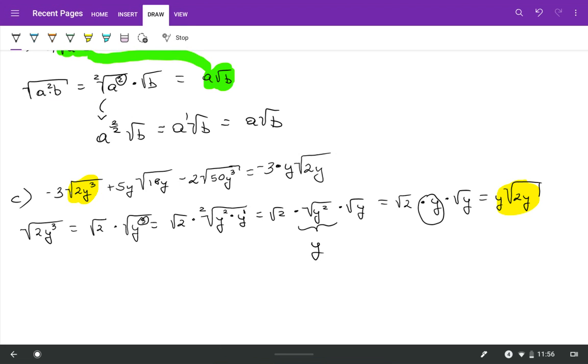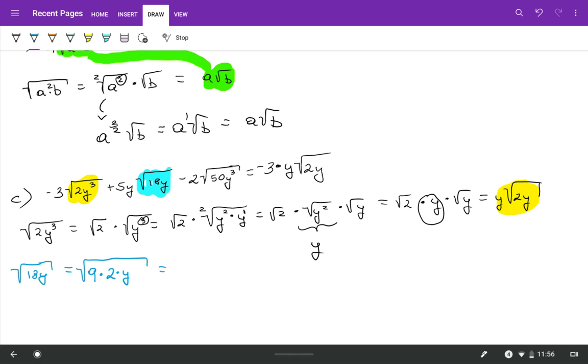So next I'm going to simplify the radical of 18y, right here. You want to rewrite that as a square root. So let's break down 18 as 9 times 2, and I pick 9 because we know what the square root of 9 is, and times y.